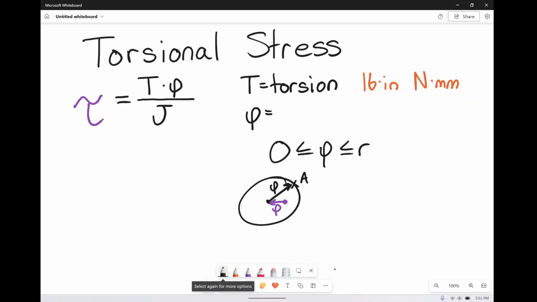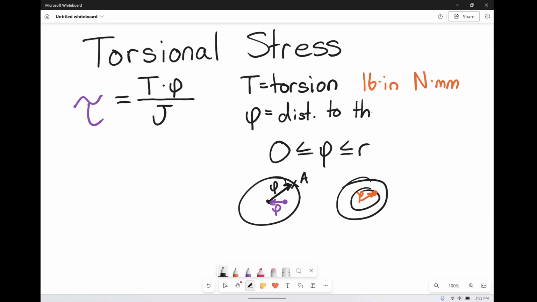If you had a tube and you wanted to find it at the inside of the tube, well then that's rho. So again, it is literally just the distance to the center of the cross section from, of course, your point. And since it is distance, remember that distance is either in inches or millimeters.